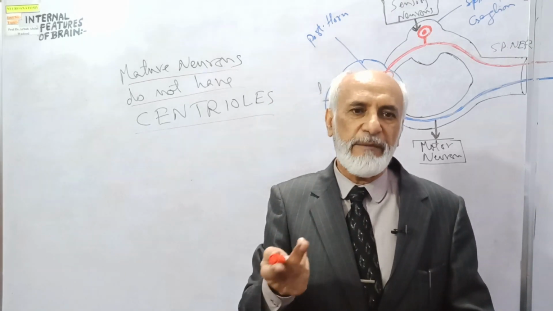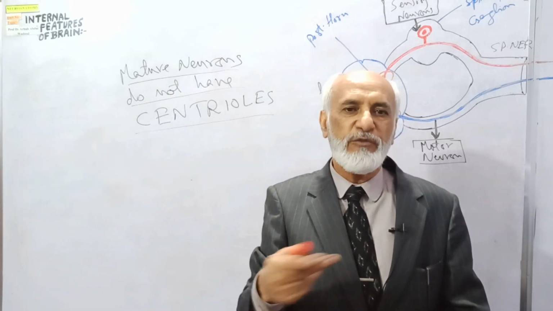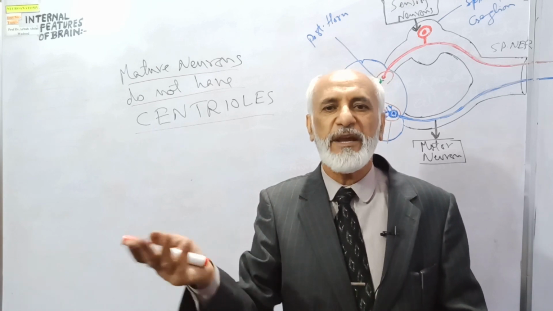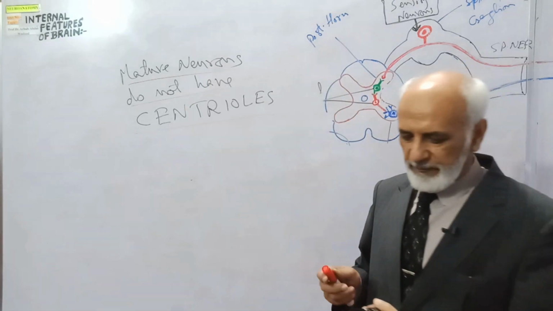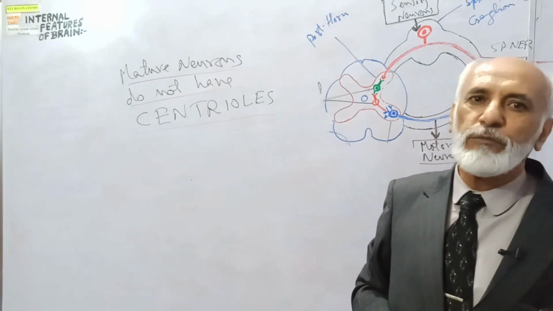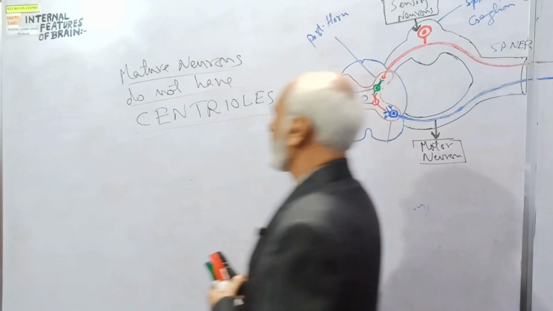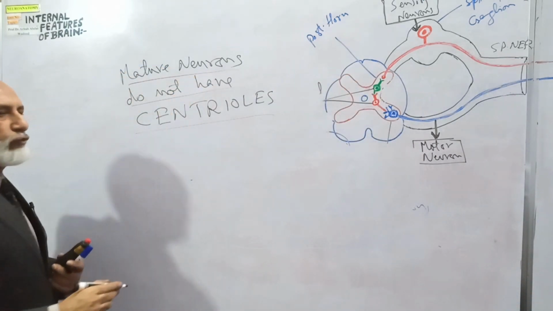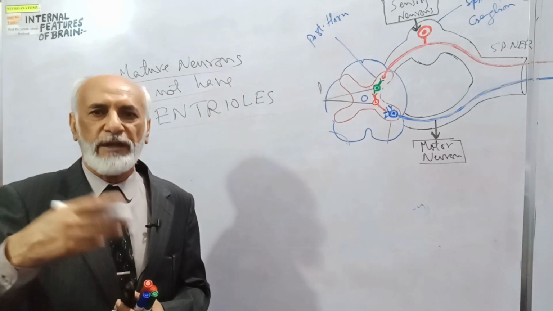So when a cell is damaged, it may be replaced by division of the surrounding cells, and in this way the damaged cells are replaced. But in case of mature neurons, they do not divide. Why? Because mature neurons do not have centrioles.